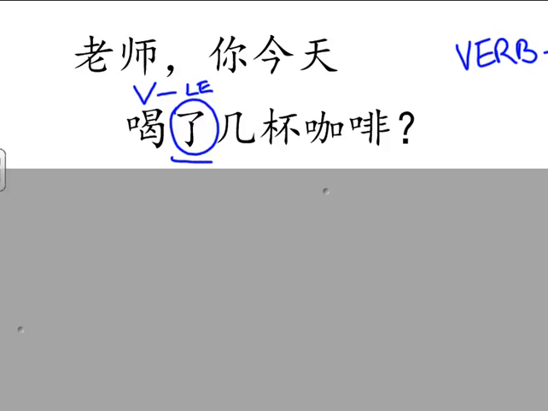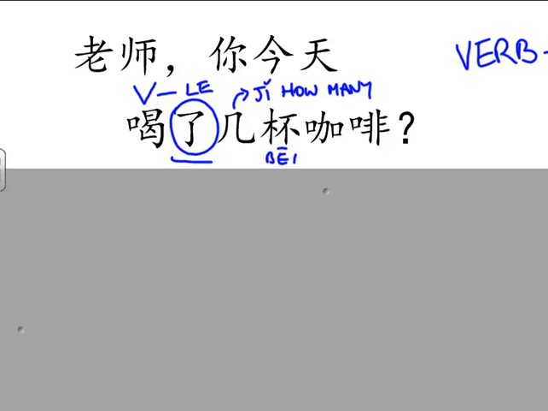And notice what comes after. We're having some sort of quantity word. And here the word ji, of course, means how many. And then we have a measure word, bei, how many cups, and then coffee.